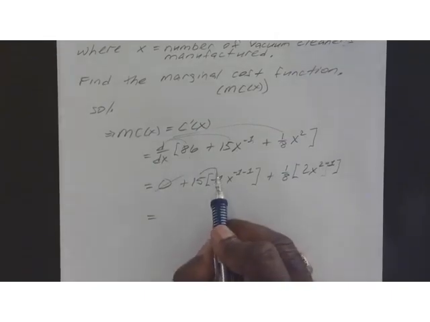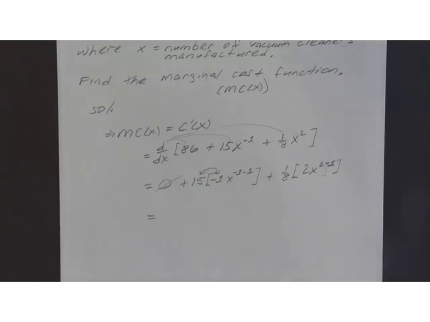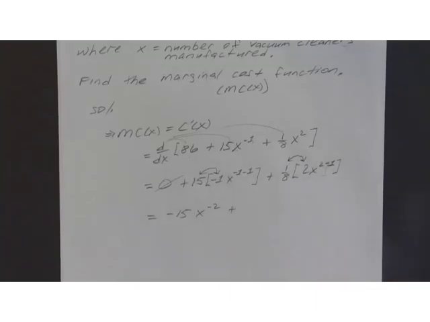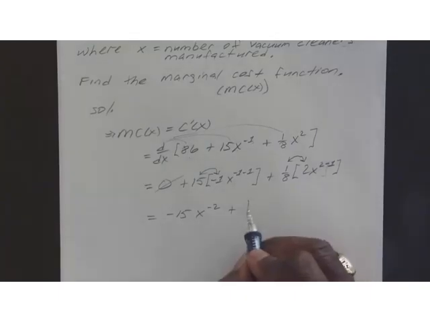So if we multiply those two factors, we get negative 15 times X to the power of negative 1 minus 1, which is negative 2. Plus, and we can go ahead and multiply those two. 2 times 1 over 8 is 2/8, which can be simplified to 1/4.